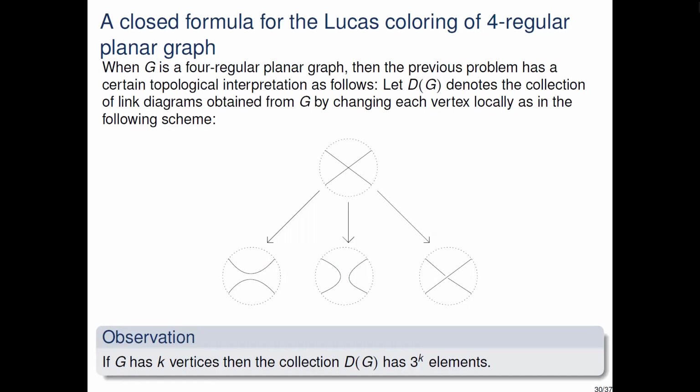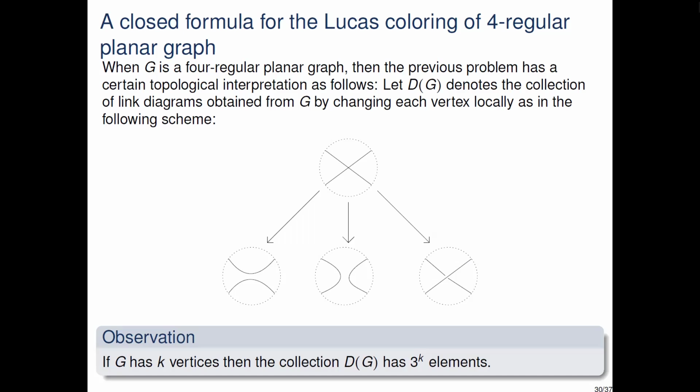You start with a 4-regular planar graph, and around each vertex locally, you change the vertex either by a smoothing, left smoothing or right smoothing, or you add one crossing. Again, it doesn't matter whether it is an over crossing or under crossing. If I do it for each vertex of the 4-regular planar graph, then essentially you will get 3 to the power k different link diagrams, where k is the number of vertices.